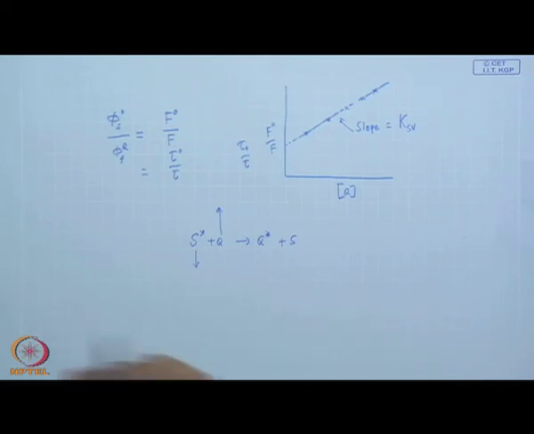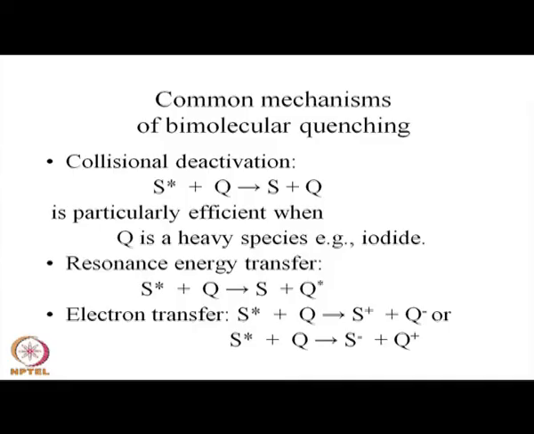So, S star plus Q, then an electron is transferred either from S star to Q or Q to S star, and a new species is generated which has less fluorescence. So, fluorescence quantum yield is reduced, and as a result you get less emission.